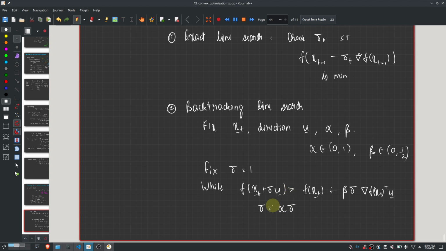Now, we've seen previously from the properties of convex functions, if you recall, that f of xt plus delta times u is always going to be greater than or equal to f of xt plus the gradient of f of xt times delta times u.